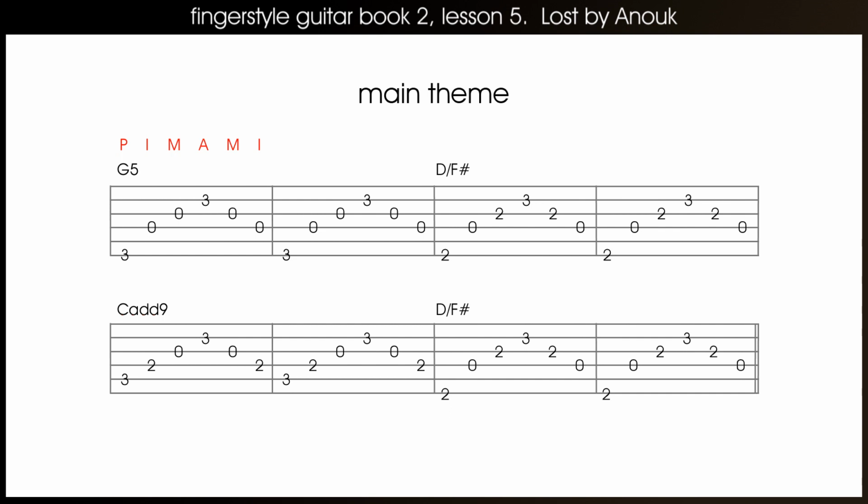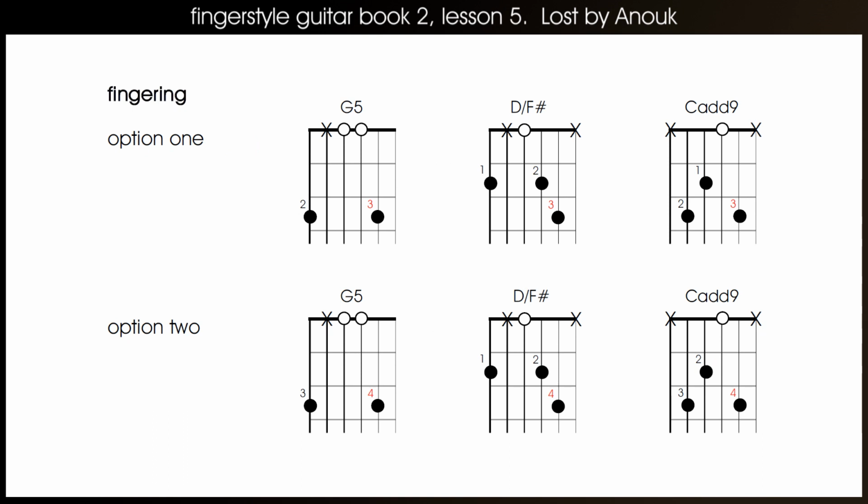Armed with that extra information, let's try theme 1 at 80 beats per minute with a 2-bar introduction. You might need to pause the video here in order to try the 2 different fingering methods and decide which one's best for you.